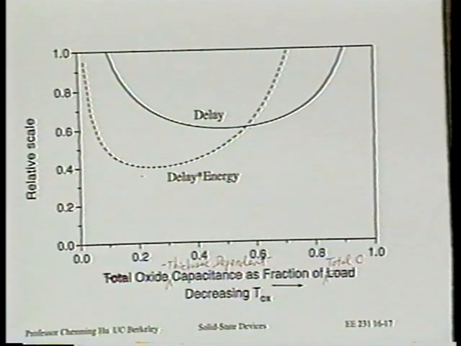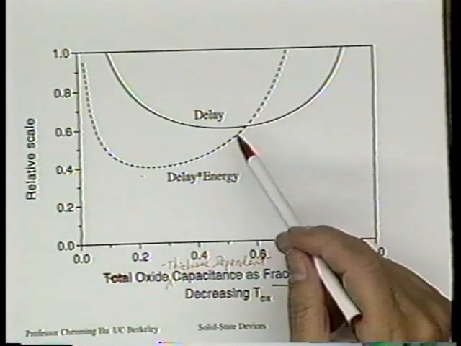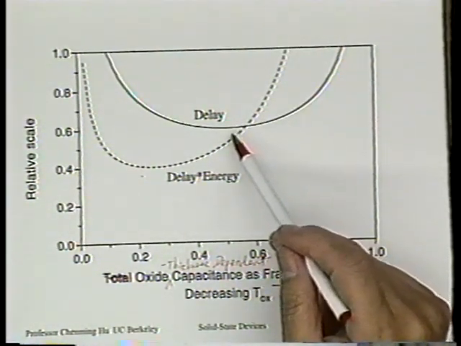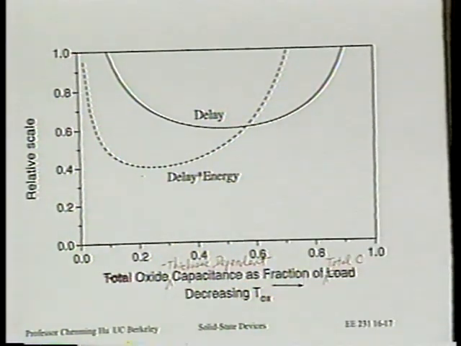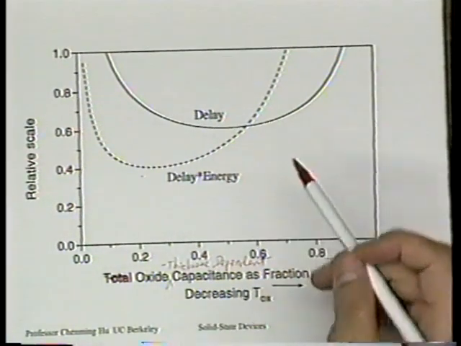If you make oxide thinner than that, then you actually will prolong the delay because the current is not increasing as fast as you are increasing the capacitance. There are certain assumptions behind this.